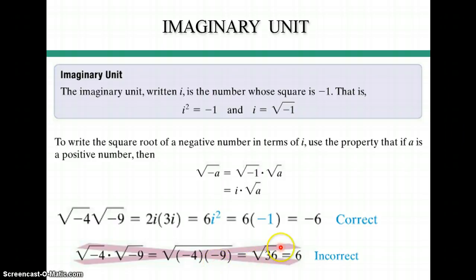The square root of 36 is 6. So this expression is incorrect. Whenever we find the product of two square roots of negative numbers, we have to find their square roots separately and multiply, not under one radical sign.